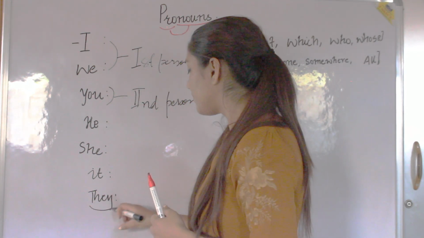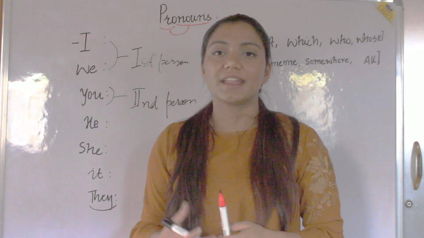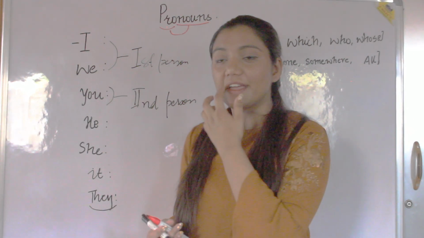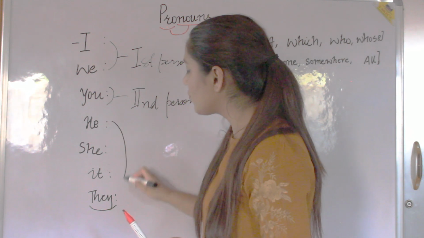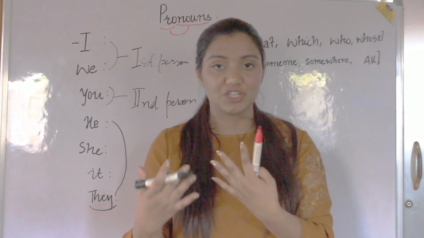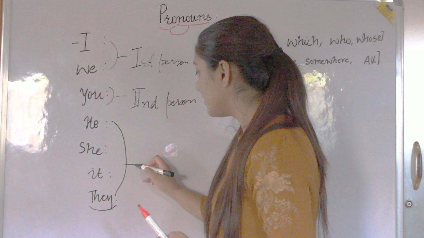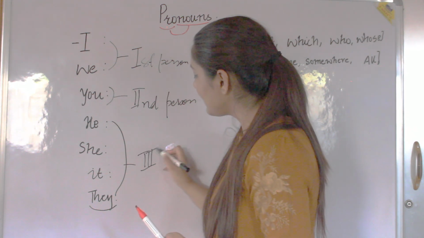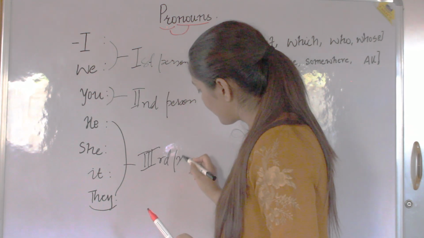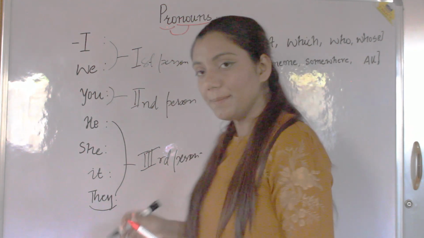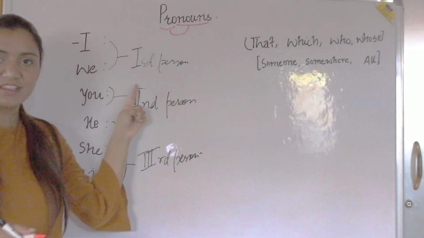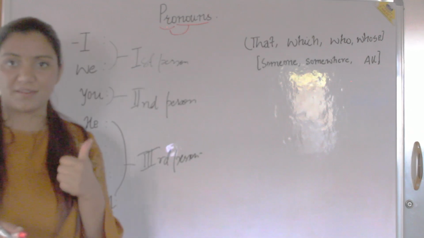And my school friends, they are very messy. So if I talk about someone else who is not a part of this conversation, then that becomes the third person. Okay? So now we are clear with first person, second person and third person, right?